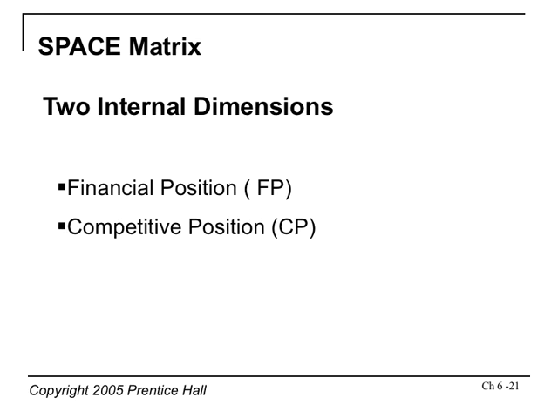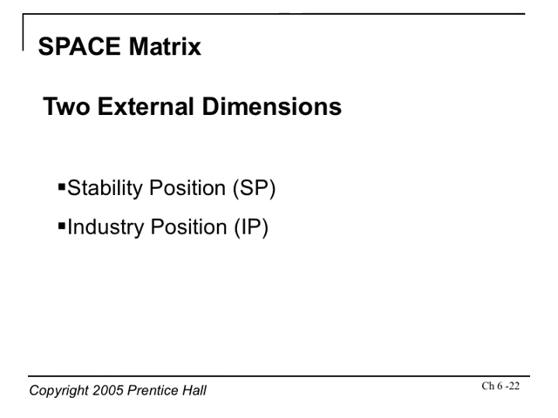Then you need to look at the competitive position, which means you will have to really look at the CPM. And then for the stability position and the industry position, external, what kind of things will help you? Like the Five Forces and the EFE. Those are the tools that will help you to get information for the external. Right? So you take those numbers and you crunch the numbers to come up with the coordinates.